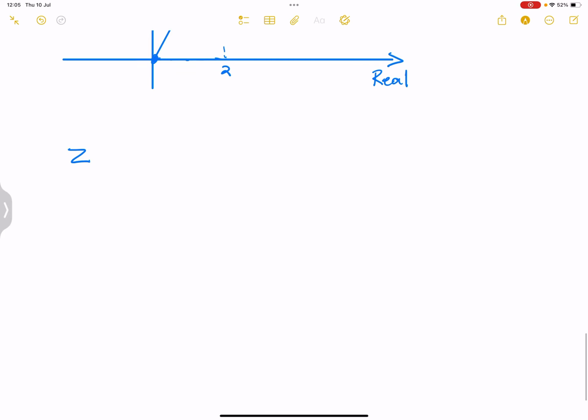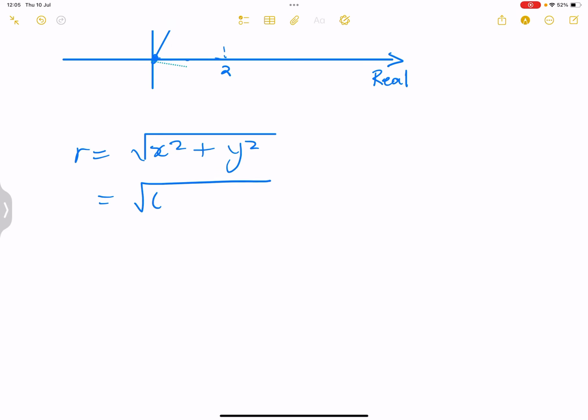Now, that means that I'm going to get the modulus, or R value. Let me write it as R, that's the square root of x squared plus y squared. That's going to be 2 squared plus 6 squared, and so that will give us 4 plus 36, which gives us the square root of 40.